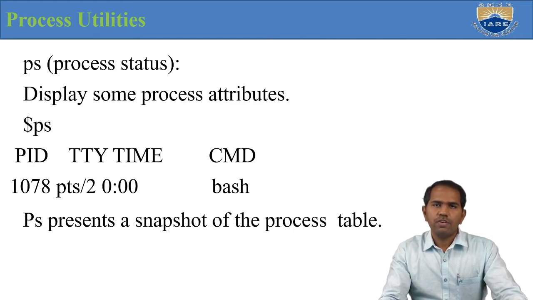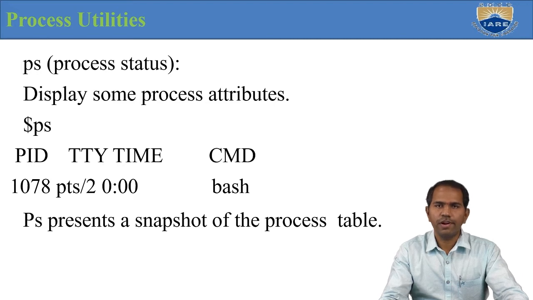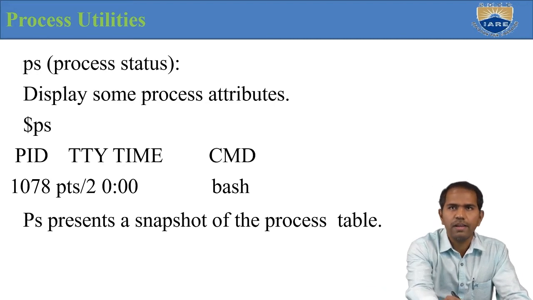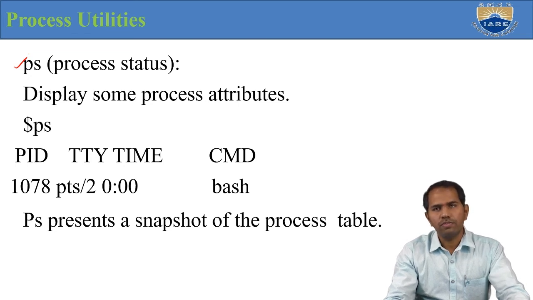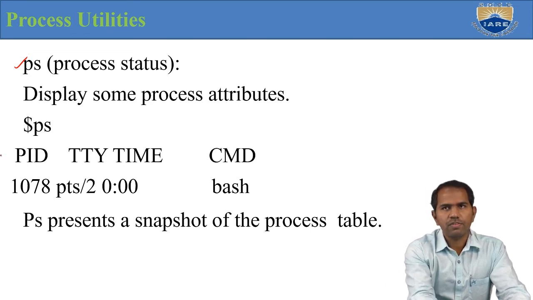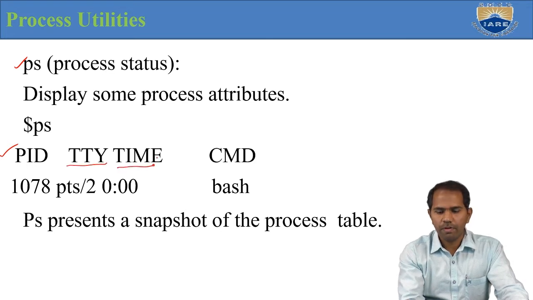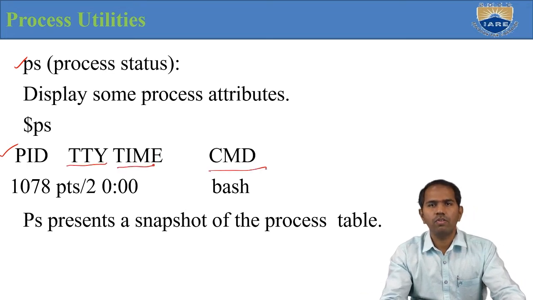The process utilities support different commands. The first command is PS, the process status. It displays process attributes like PID (process ID), TTY, process time, and the command name.